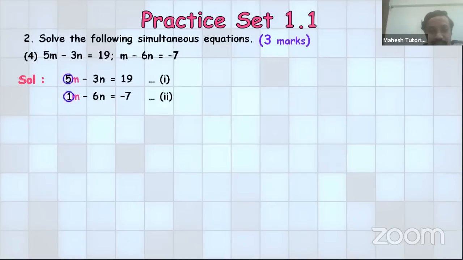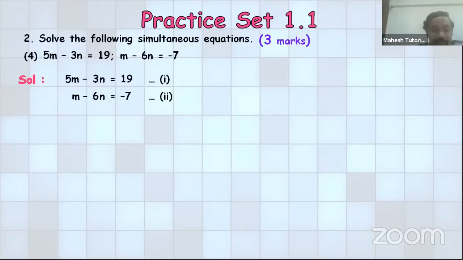M and N. So we can select any one alphabet of our choice, right? So students, I'll do one thing. Here I'll select alphabet N. All right. Here I'm going to select alphabet M. Sir, if someone selected N, is it a problem? No, it's fine. If anyone selected N, there is no problem at all. But here I'm going to select alphabet M.